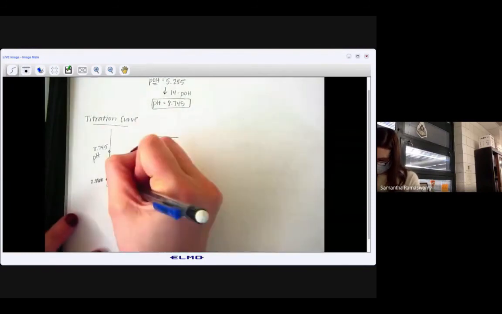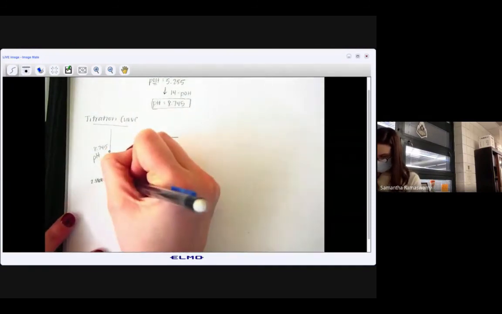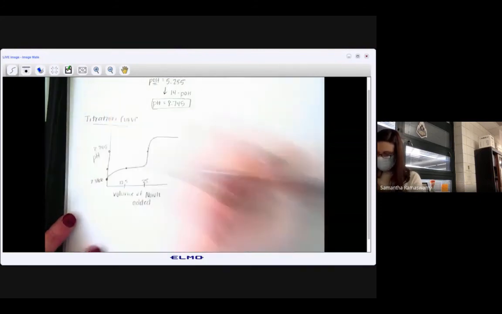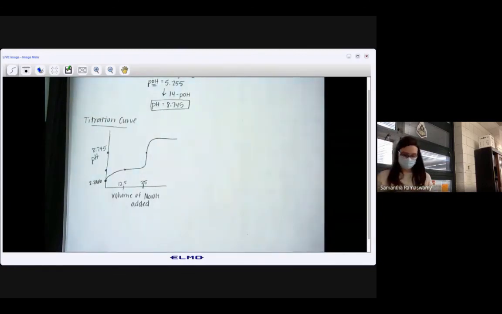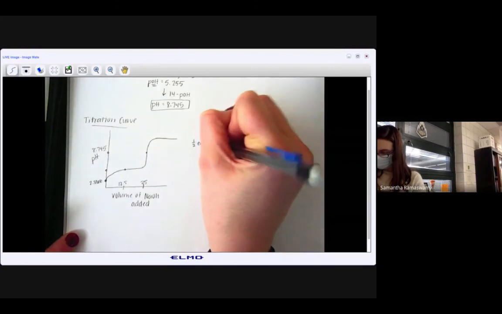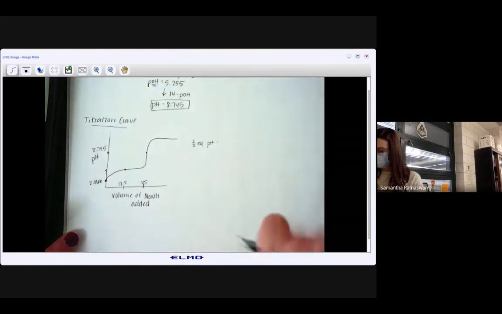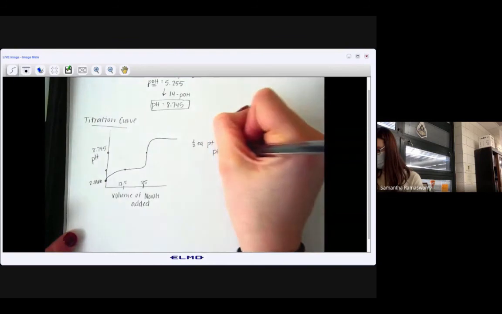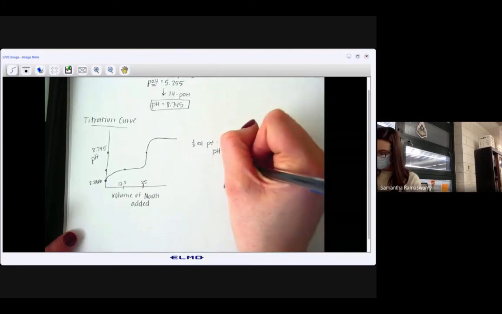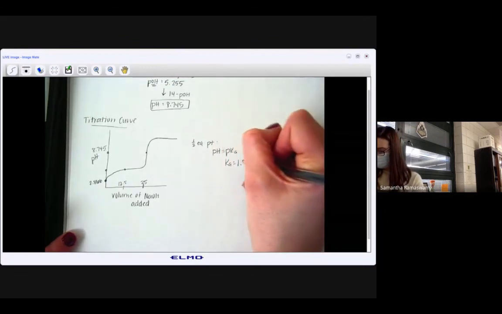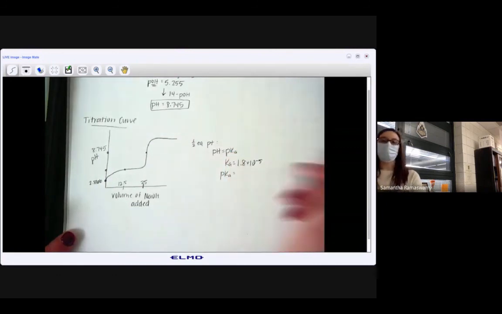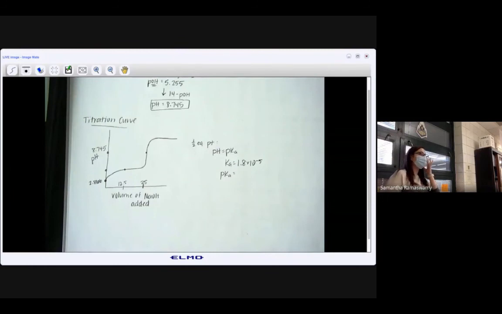Now we also can figure out that half of 25 is 12.5. Half the volume to the equivalence point is the half equivalence point. Remember, the importance of the half equivalence point is that pH equals pKa. Well, if the Ka of acetic acid is 1.8 times 10 to the negative fifth, take the negative log of that to get the pKa.